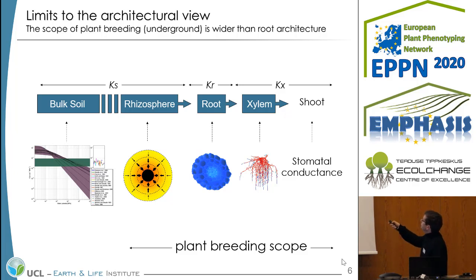Then it goes into the xylem, and there we are going to talk about xylem conductance. But the heterogeneity comes from cavitation and also the development, with the change of diameter of the xylem. And we end up in the shoot, and I'm not going to talk about the shoots. So the plant breeding scope is actually much larger than only the root architecture, if we are able to look at those processes.